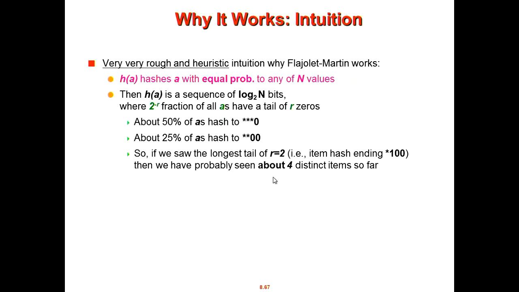So if the maximum R, the longest tail, is only 2, we have only 2 tailing zeros at most, based on all the observations. It means that the number of distinct items is roughly only 4. Because if it were larger, we should be able to see more tailing zeros.